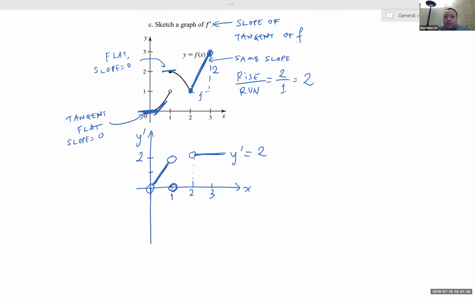I'm looking at the tangent line and what kind of slope it has. So the slope is equal to 0, and I'm going to draw it at 0. I'm not influenced by the fact that the graph of f itself is way up there at y equals 2.